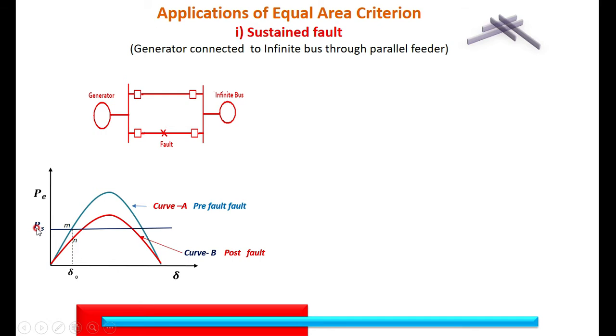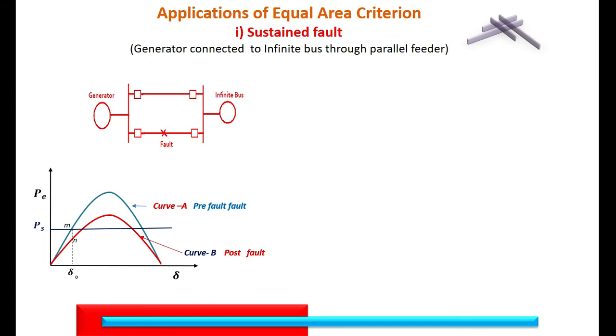At the point N, PE is less than PS, so there is an acceleration. Because of this, the angle delta goes on increasing in the case of a generator. What we have discussed so far is for the motor. In the case of the motor, when the output is less than the input, there is an acceleration, speed is increasing, whereas the angle delta is decreasing.